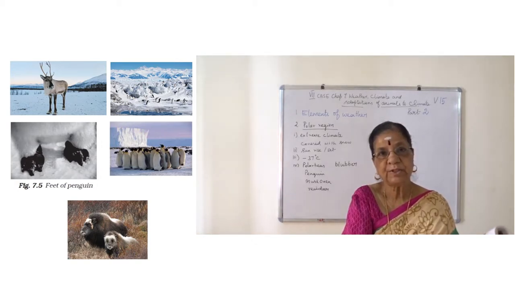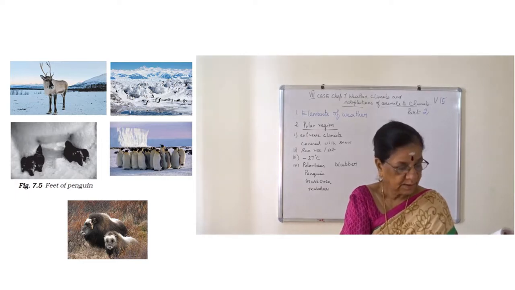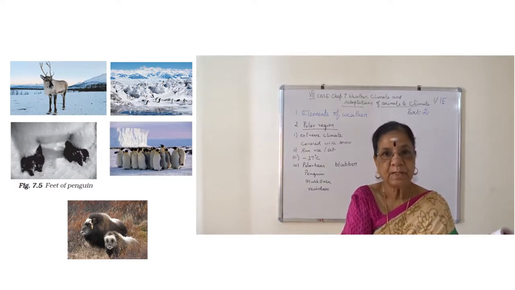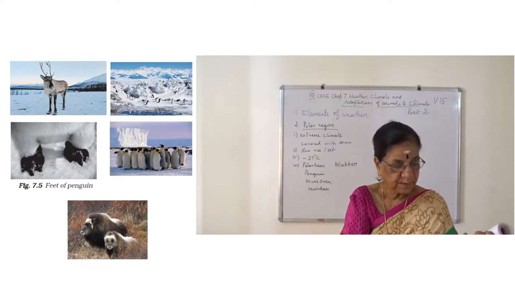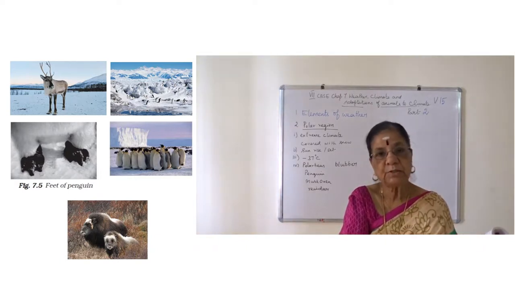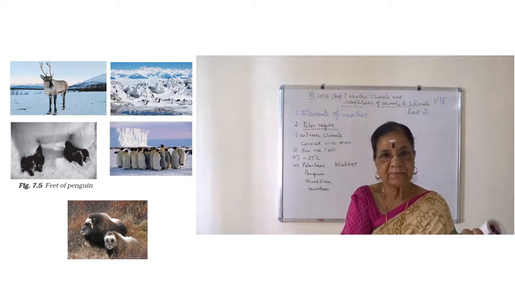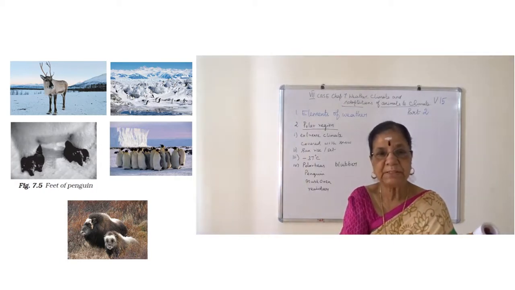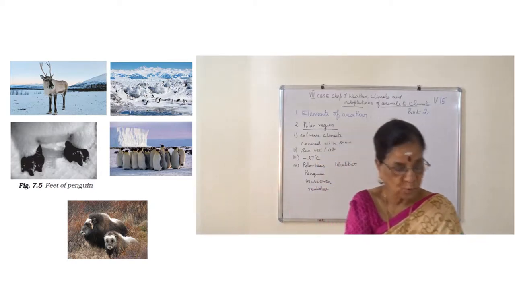I hope you are following. And when they swim, their dark back makes it difficult to see them from above against the dark background of the sea. The penguin is an aquatic bird, and its habitat is aquatic.